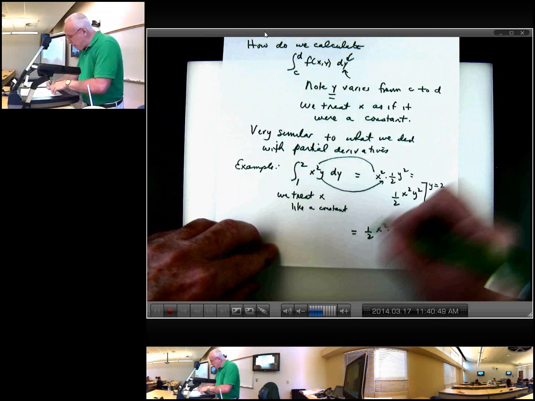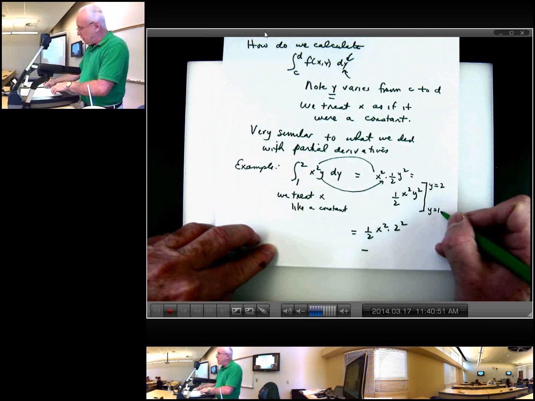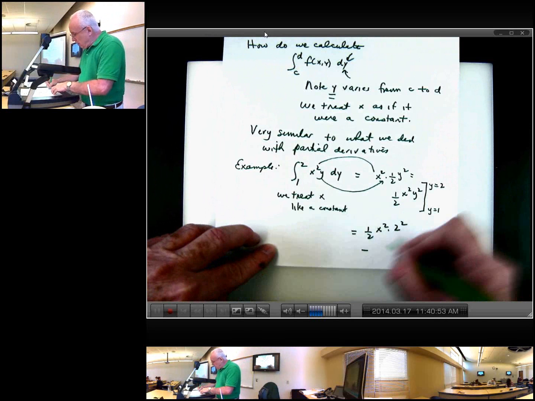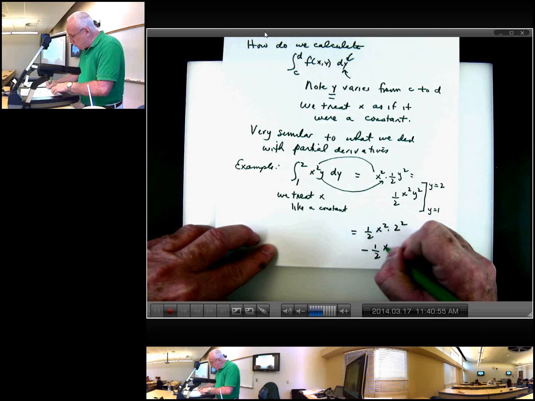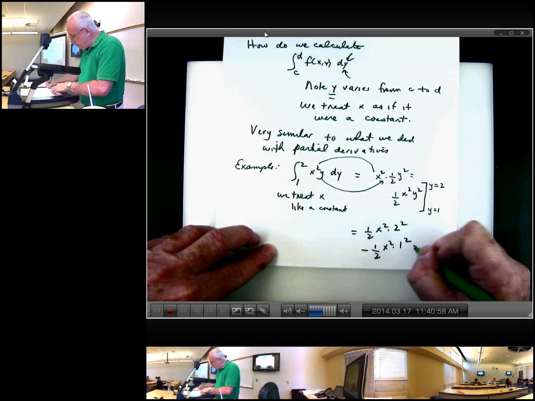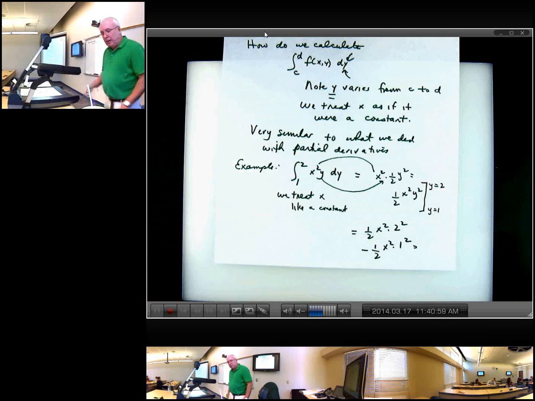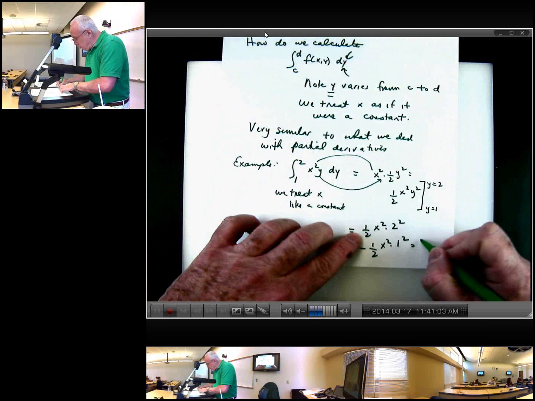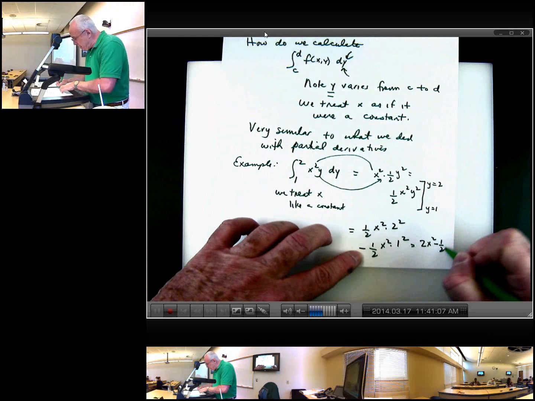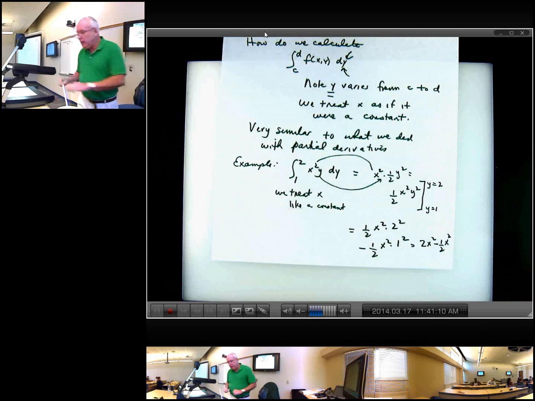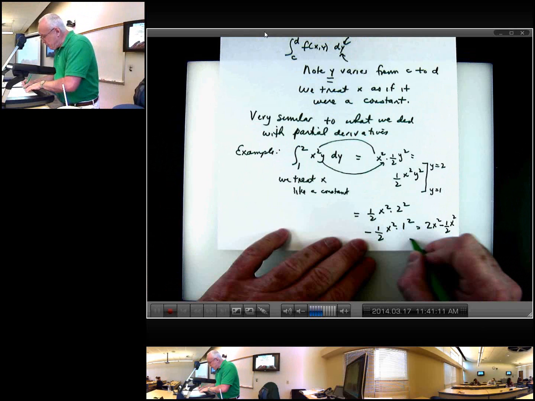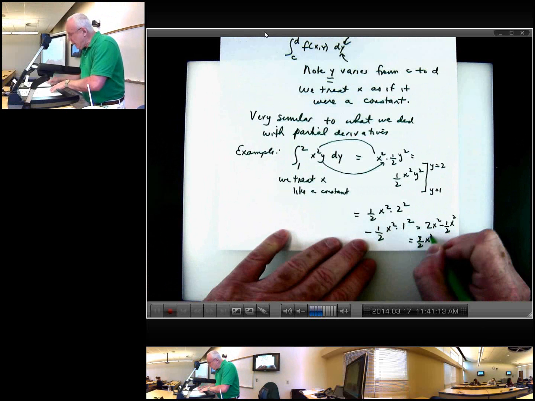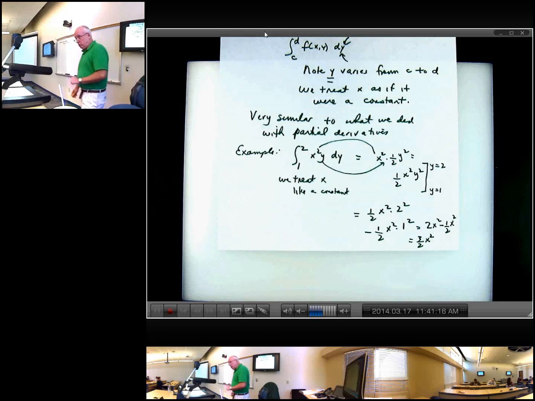And then minus, and now we plug in the value of y of 1: 1/2 x squared times 1 squared. And let's simplify all this, and we end up getting what? 2x squared minus 1/2 x squared, and when we combine them together, we get 3/2 x squared.